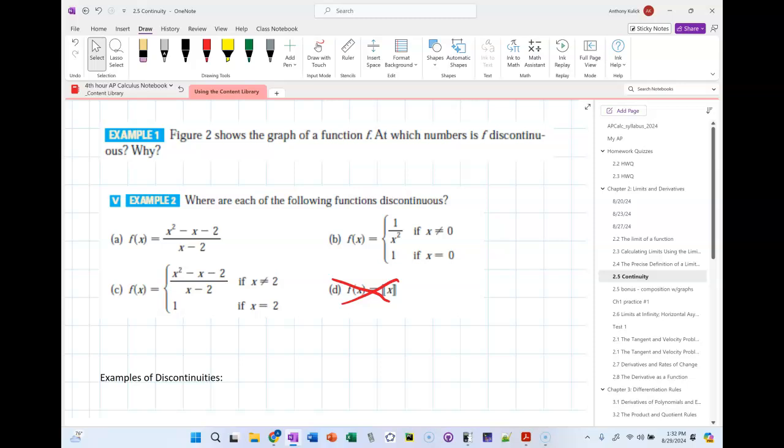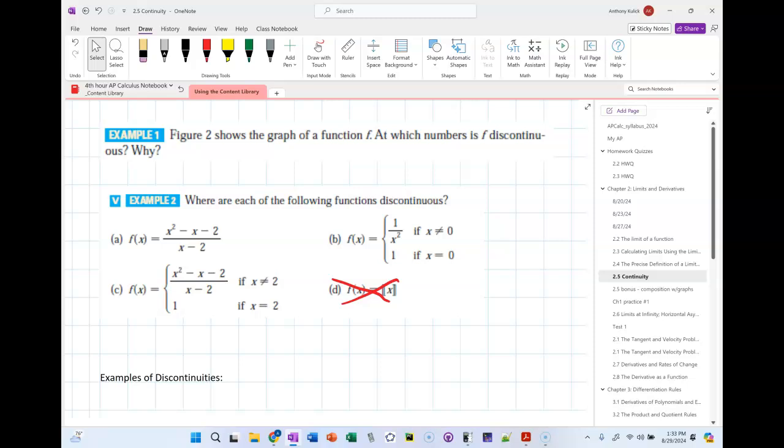Find the hole? Or are we guaranteed to have a hole here? Could also be an asymptote, right? Does it matter, though, which one it would be? Either one of them is a discontinuity, right? How do we find that?